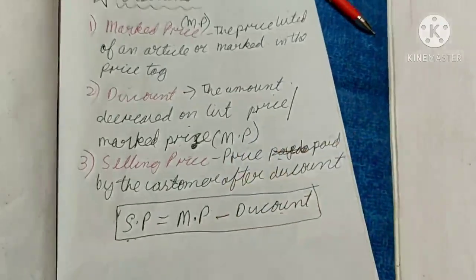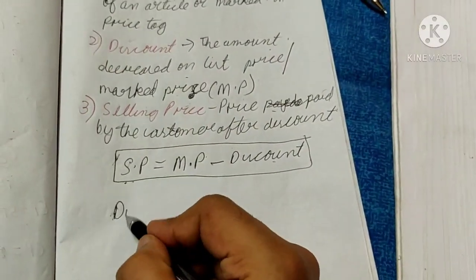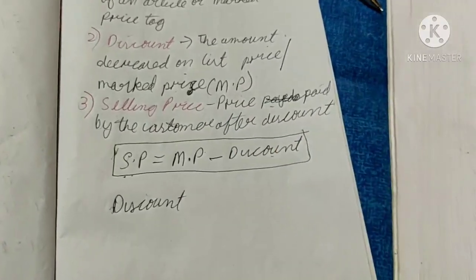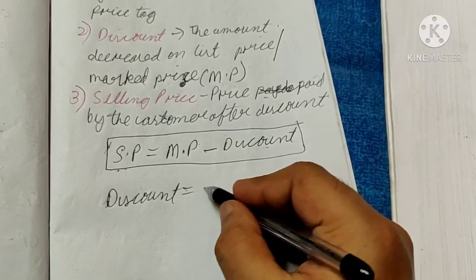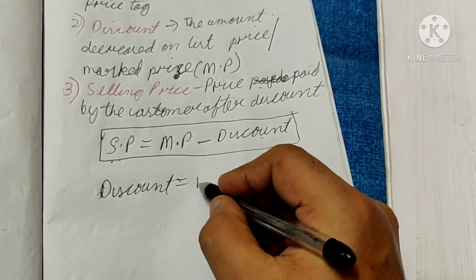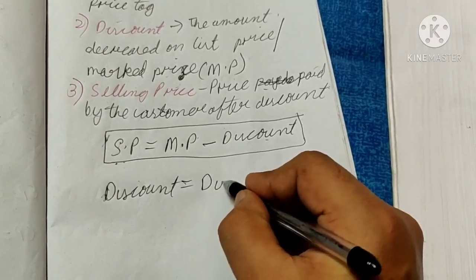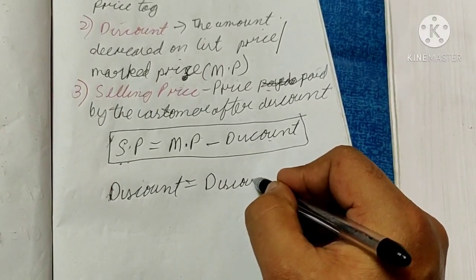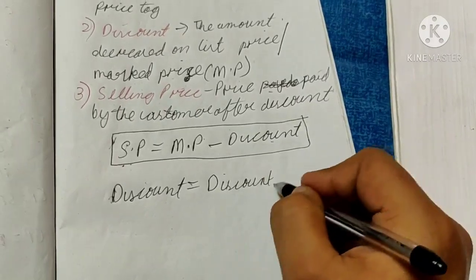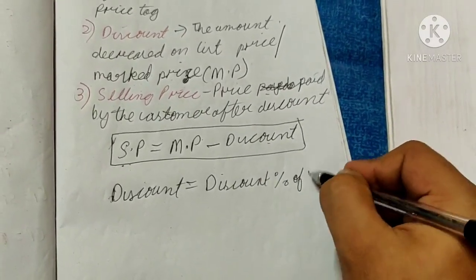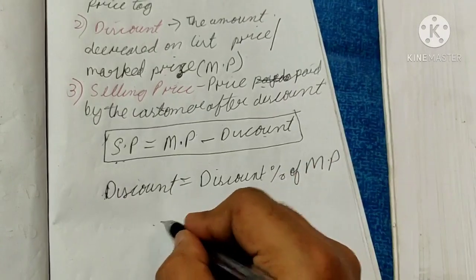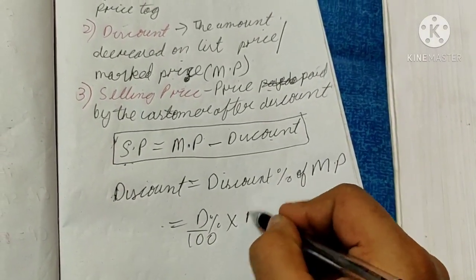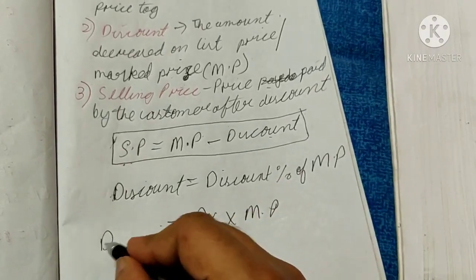So discount is always given on the marked price. So if discount percent is given, discount is equal to discount percent of MP, means D upon 100 into MP. This is discount.